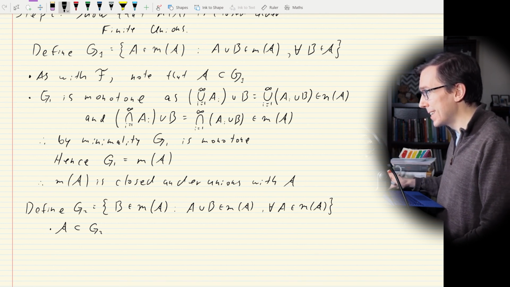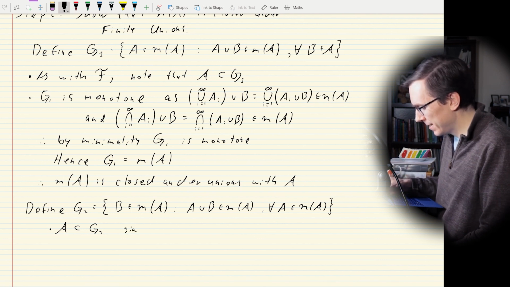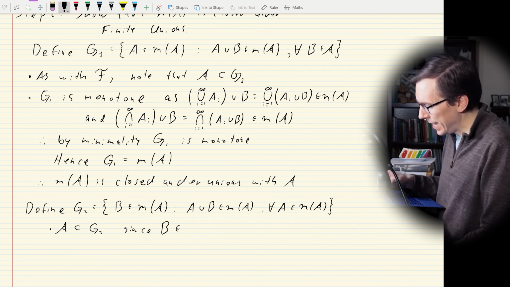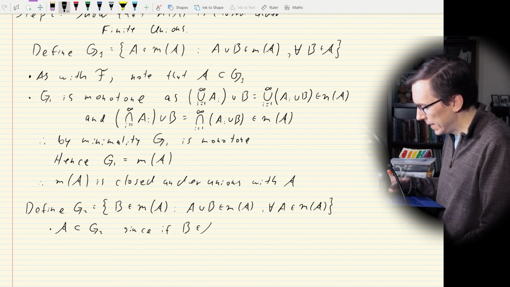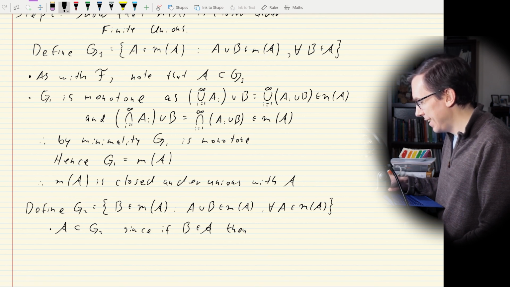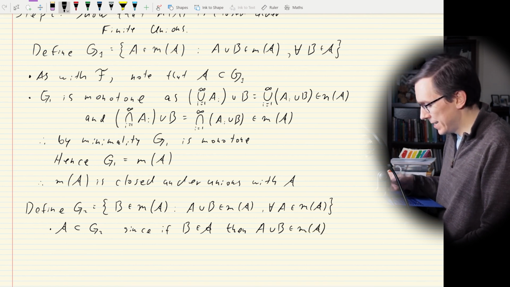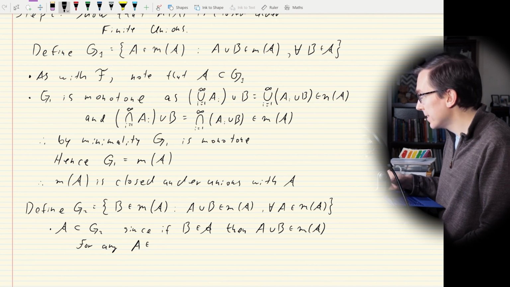as we did before, right? This is since if a set B is in A, then A union B is going to be in M_A, and this is for any A in M_A.